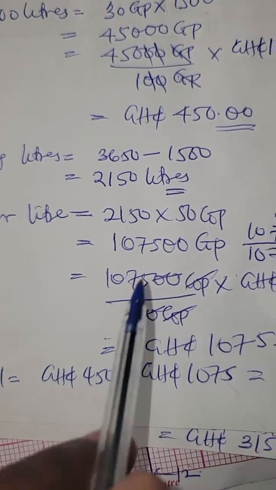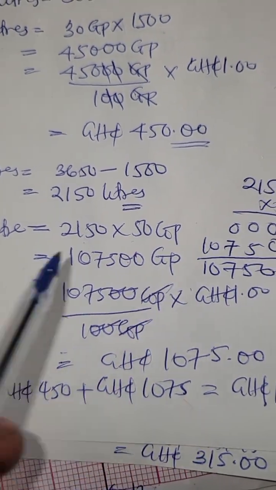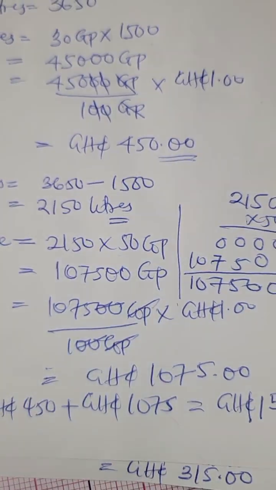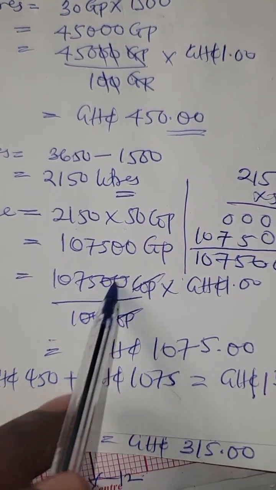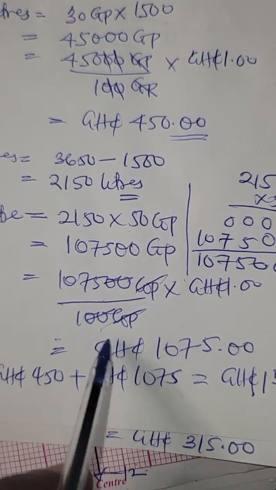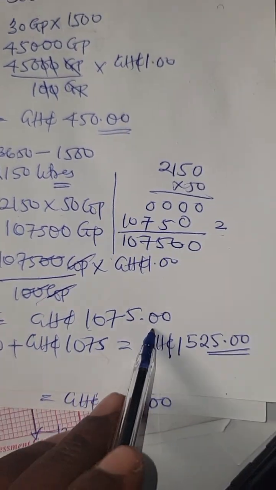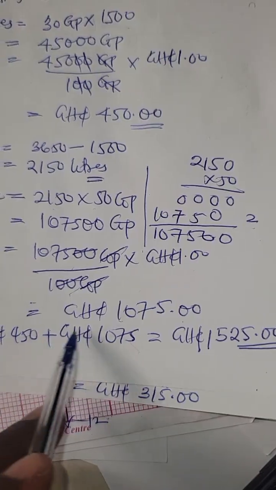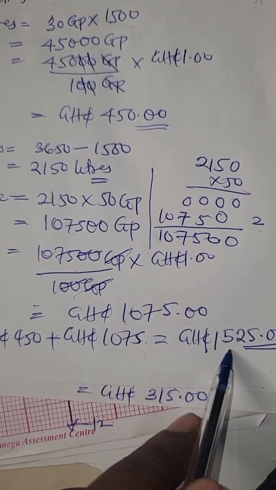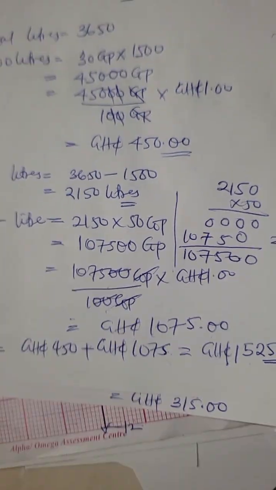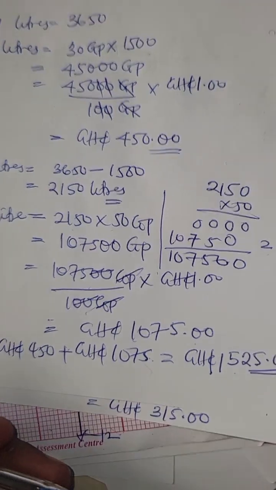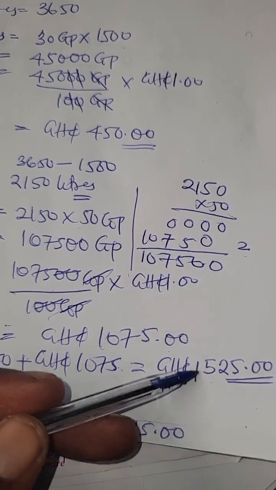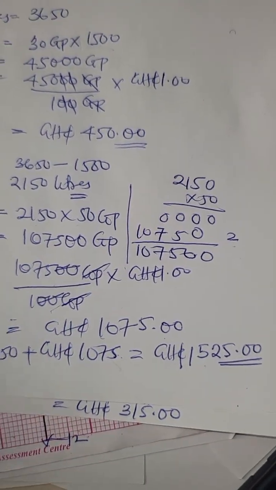So divide by 100, multiply by 1 cedi, the trailing zeros go off, and that's 1,075 cedis. So if you add up the two, you are going to get the amount charged for the 3,650 liters as 1,525 cedis if you add them up well.